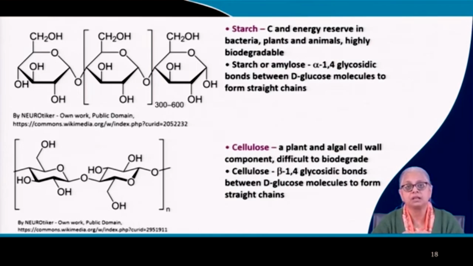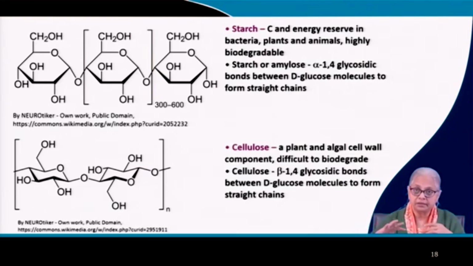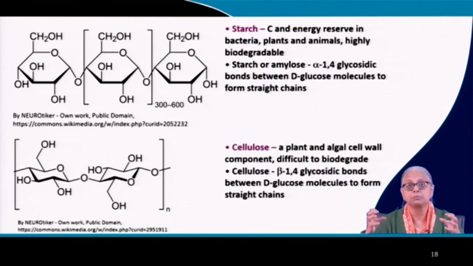Now, we also have another polymer, and that is cellulose. Cellulose is found in the cell wall of plants and algal cells. It is very difficult to biodegrade. So you have seen that if you look at plants, when they die and they start rotting, it's the leafy part of it that degrades first, and the stem and the branches are much harder to degrade, and those stems and branches are formed of cellulose.